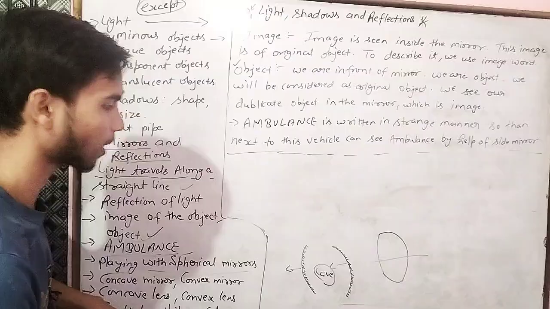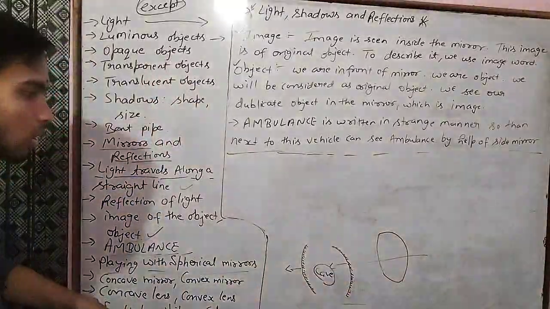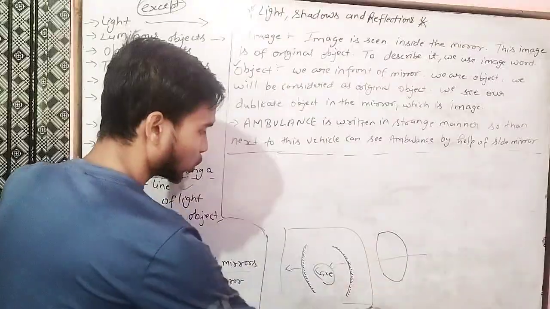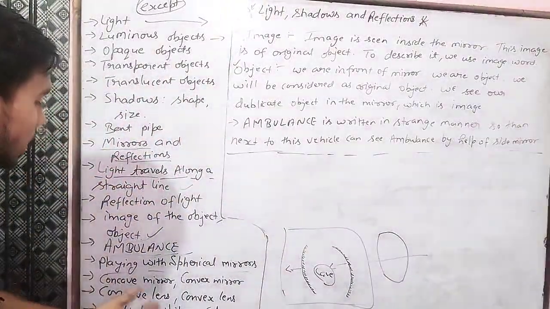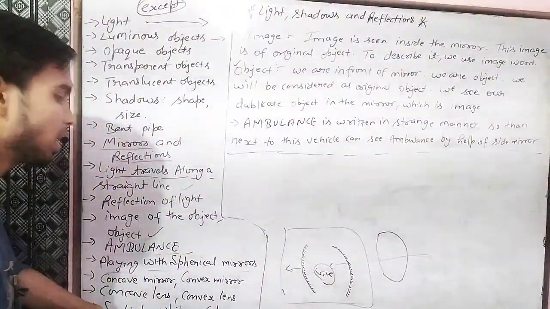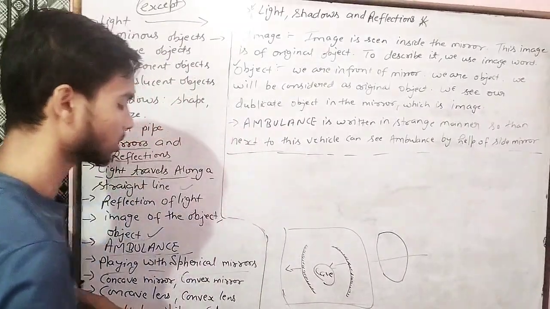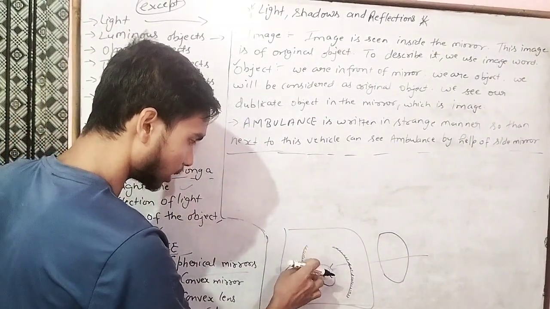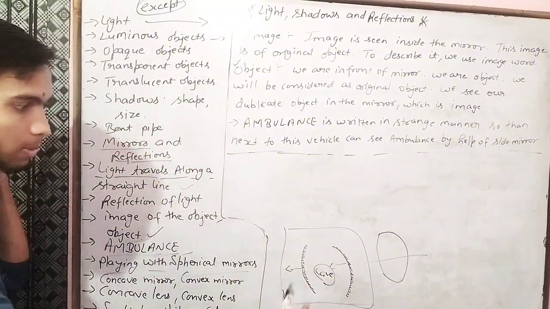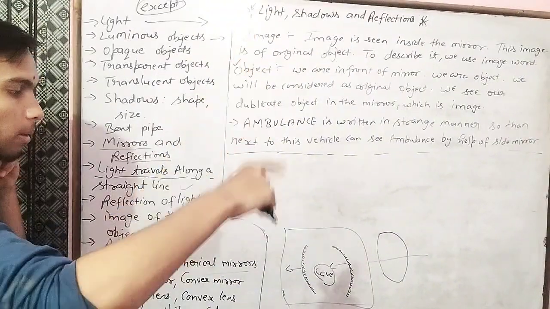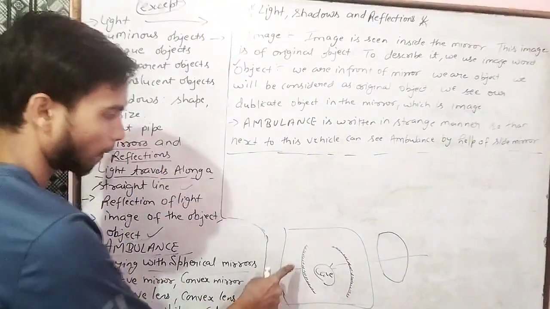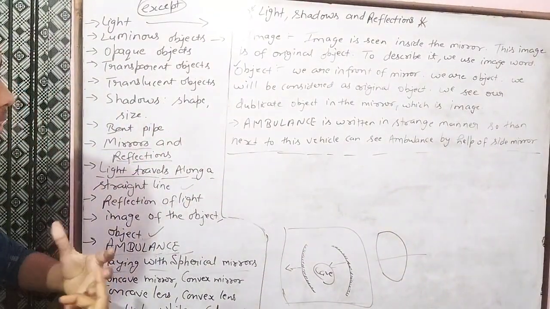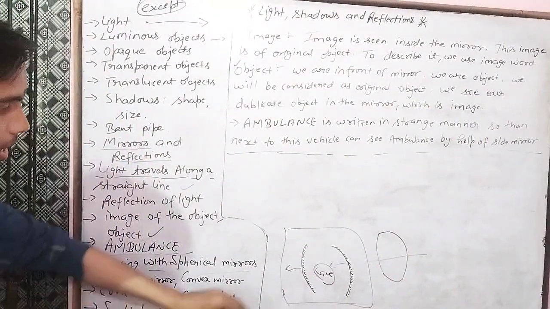Cave means the lower surface of the object. This is a way to identify concave mirror and convex mirror. Whenever we see a figure like this, with parallel lines, those lines explain the painted area. But without the painted area, we can explain the mirrors.